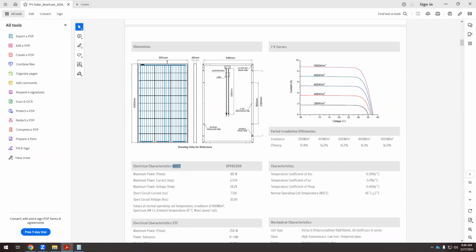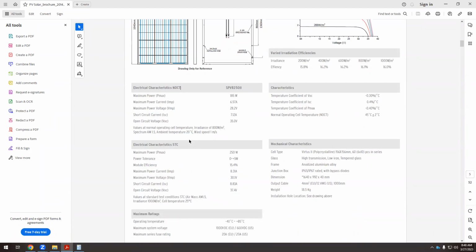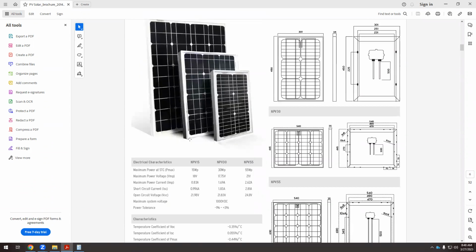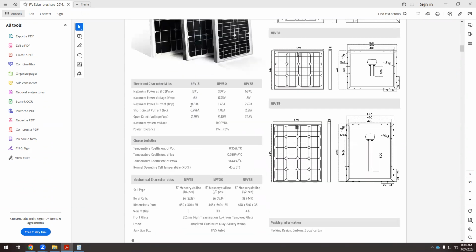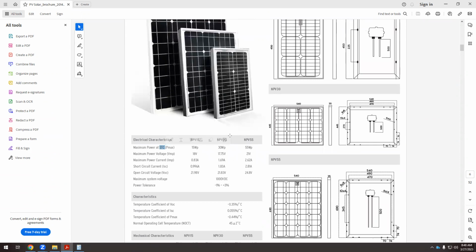We need the area, the dimensions of the PV panel, and the maximum power, either in NOCT or in STC conditions. I don't mind, but you have to state what kind of conditions they are using. Here in this brochure, we have other panels, and you see we have different sizes. This is the maximum power at STC, and these are different.